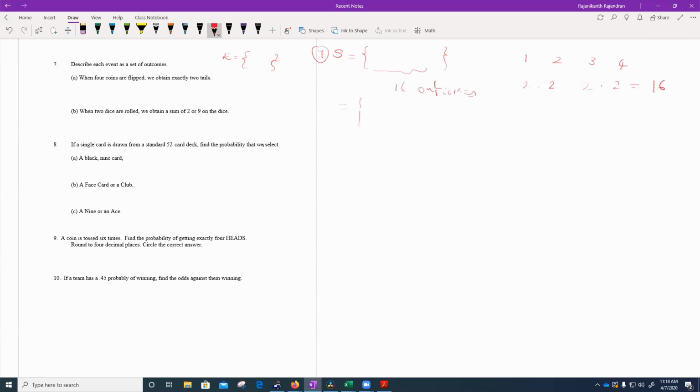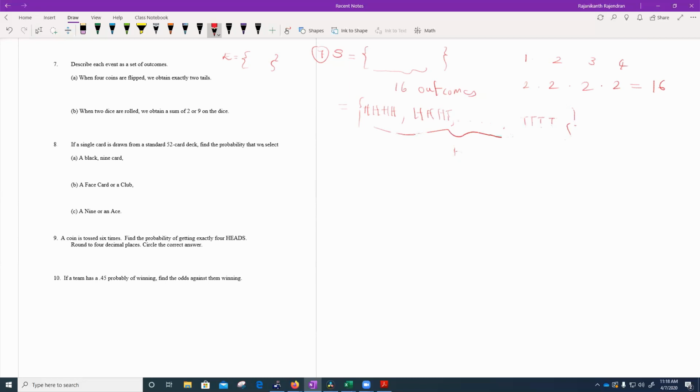One of these 16 is where all 4 coins give heads, or you may have heads and the last one tail and so on, and maybe tails on all 4. So these are the possible outcomes. If you count, you should have 16 of them.